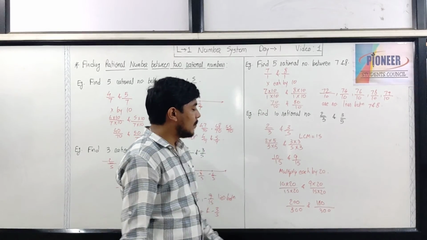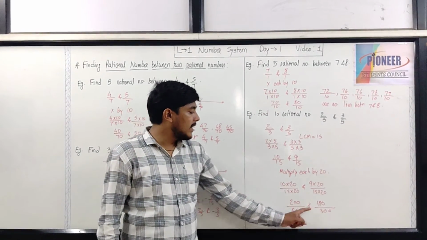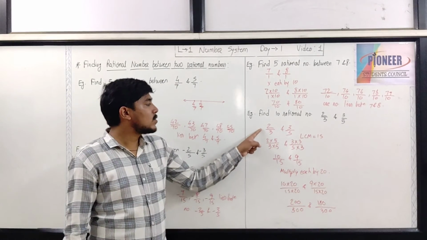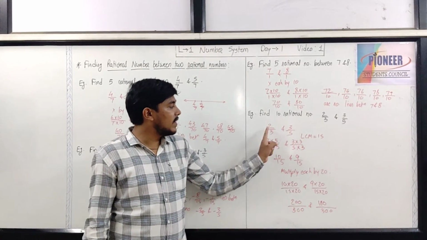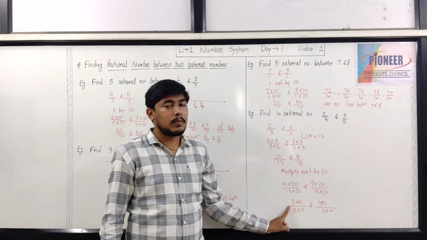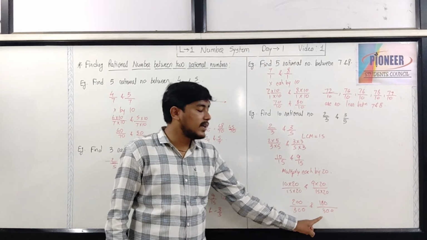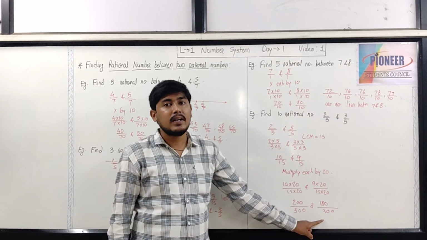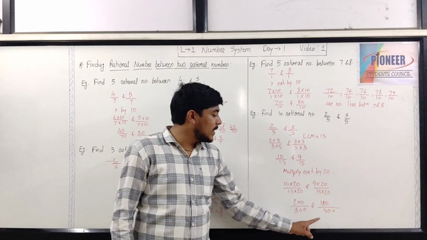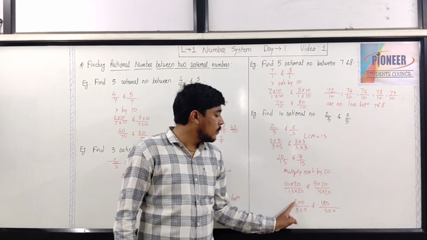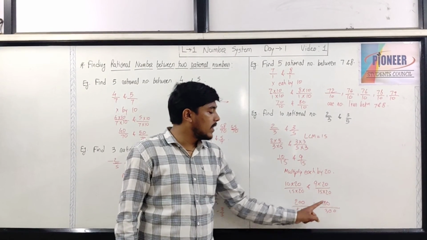Now we have the numbers 200 upon 300 and 180 upon 300. So 2 upon 3 and 3 upon 5 become 200 upon 300 and 180 upon 300. Right? Now the denominators are equal, and in the numerators there are the numbers 200 and 180.